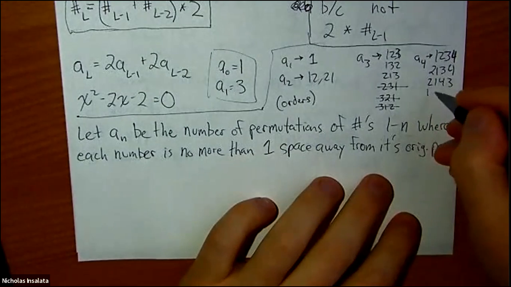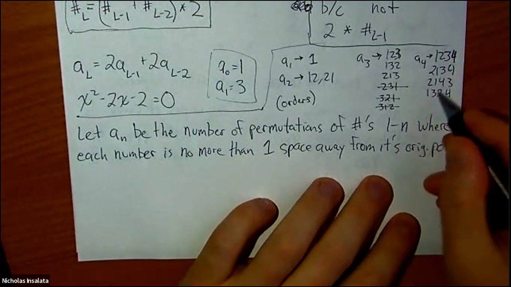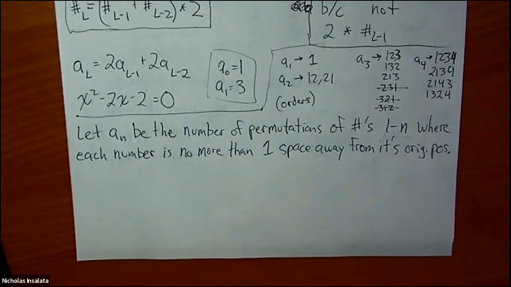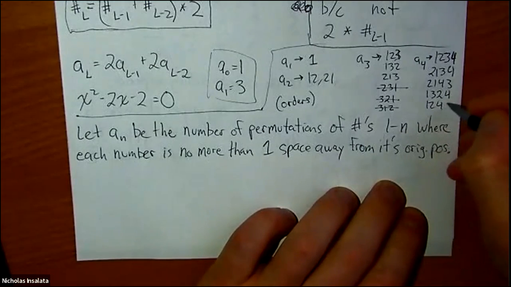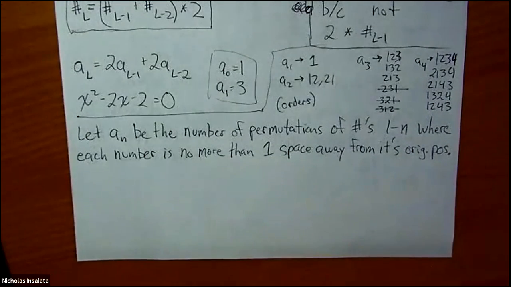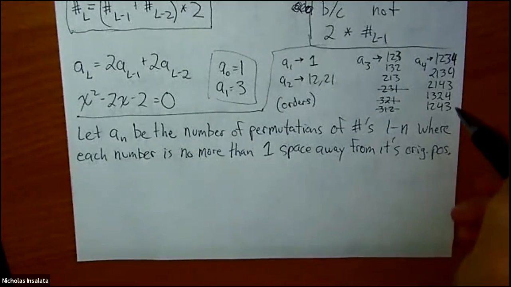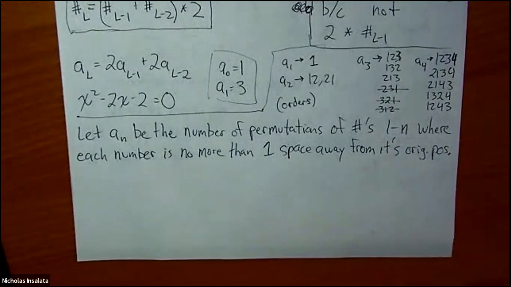That's switching the middle ones. But there's one more, actually. Nathan said it: 1, 2, 4, 3. We could switch only the last 2. So there's the original, plus 4 switches. I see what you're saying. Sure. Okay.